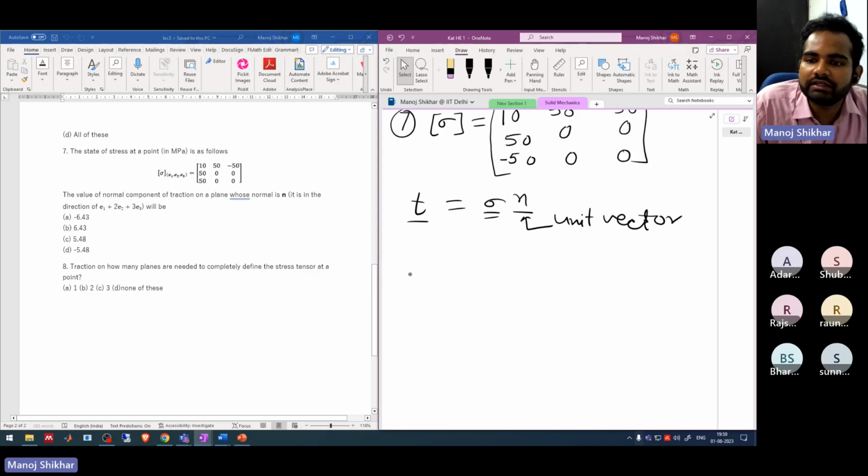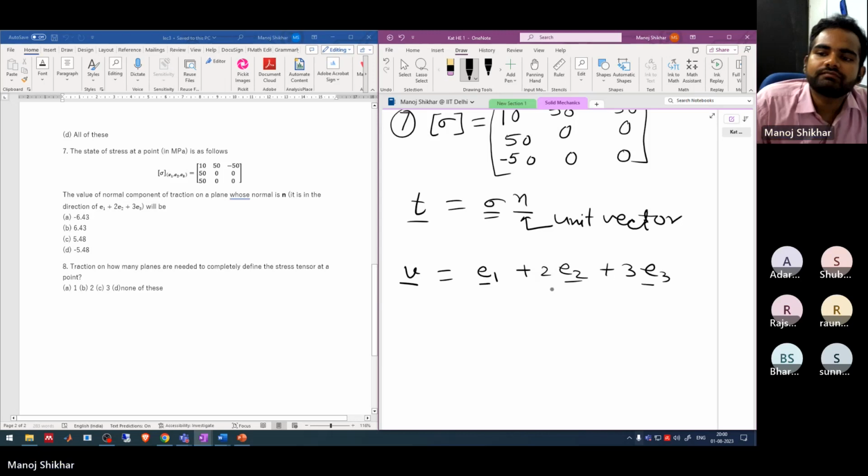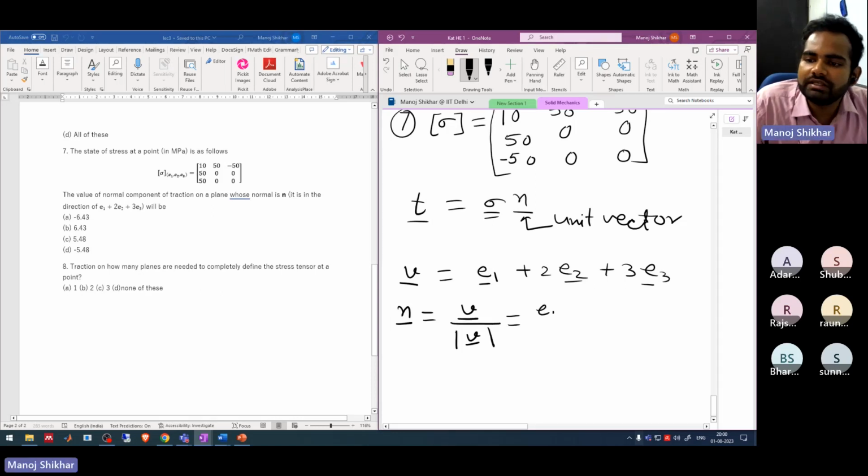So suppose we are given a vector v, which is e1 plus 2e2 plus 3e3. This is the direction of normal. So if we want to find the unit vector normal, what should this be? It should be v divided by modulus of v. So what will be this? E1 plus 2e2 plus 3e3. And what is norm of v? It will be square root of 1 square plus 2 square plus 3 square.